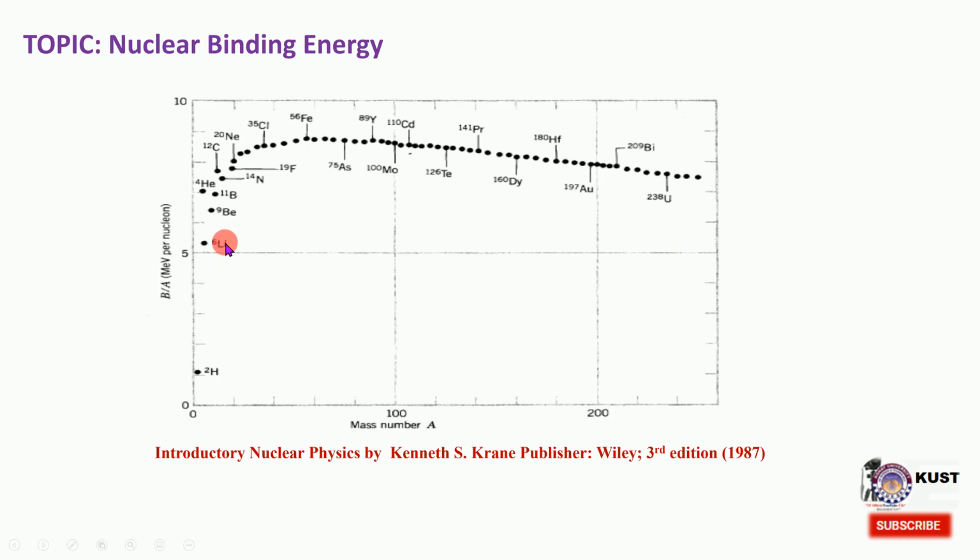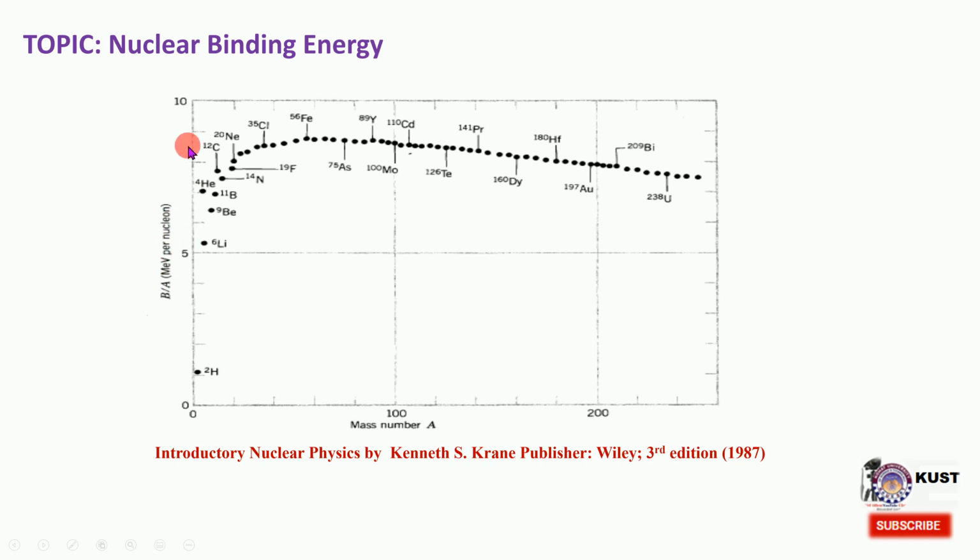Now on the next slide, I will discuss the assignment for you, just to calculate the binding energy for different elements of the periodic table, so that you convince yourself that the binding energy against A is around 8 mega electron volt. This is binding energy per nucleon, or we can say binding energy divided by the mass number.